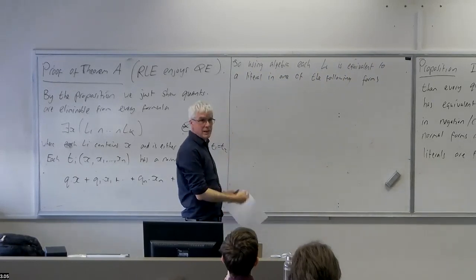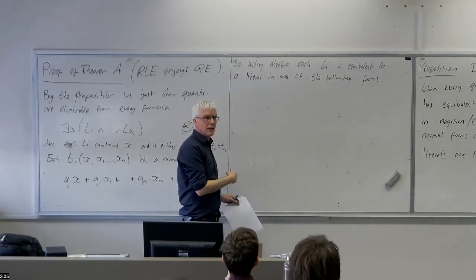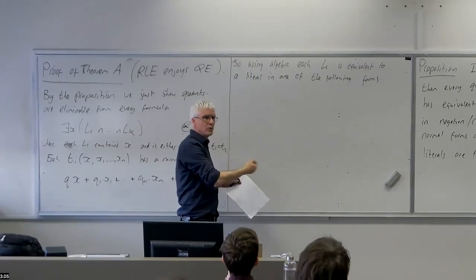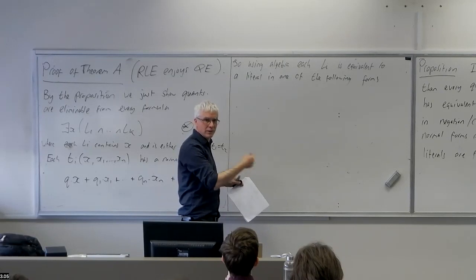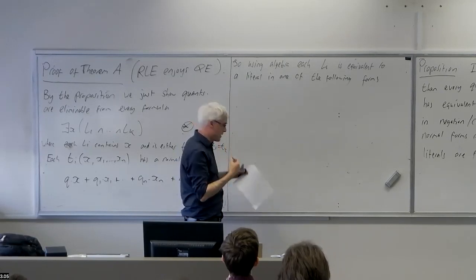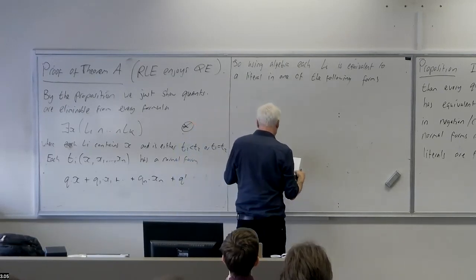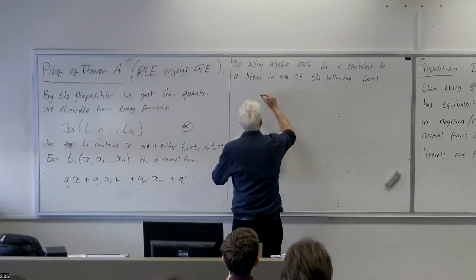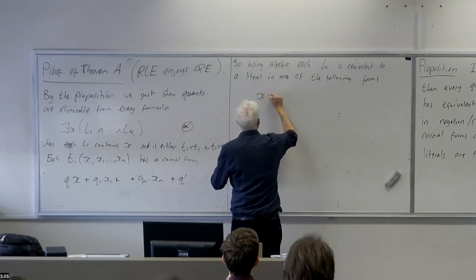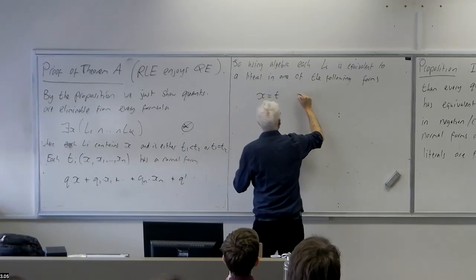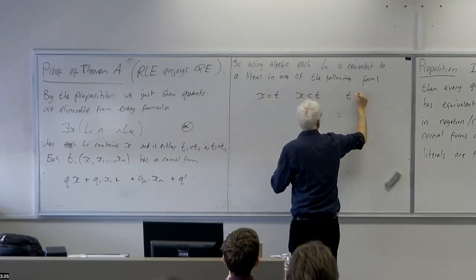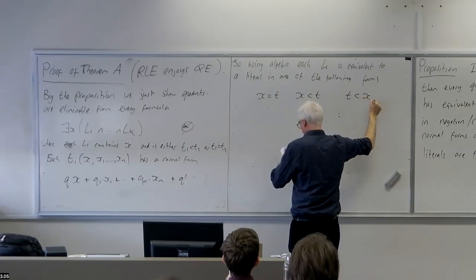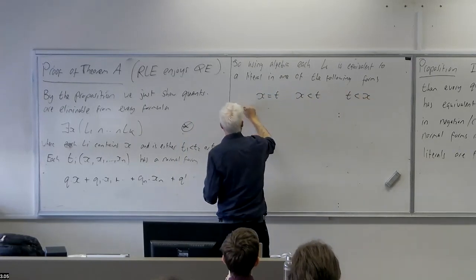So actually, we can put x on one side and we can multiply through by its rational coefficient, so that we just isolate x itself. So we can always get it as either x equals t, or x is less than t, or t is less than x, where x does not appear in t.